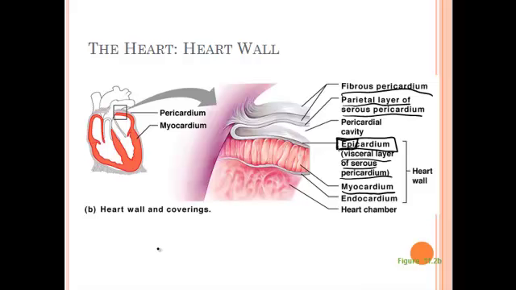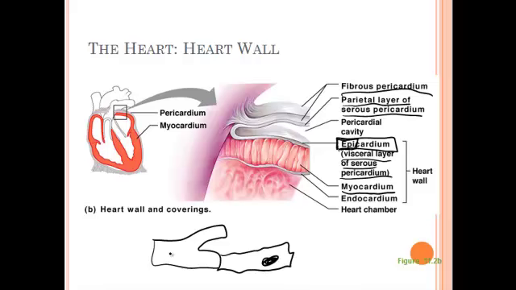So if you have two heart cells here, and remember that they're also branched and come in contact with each other, they may look something like this. Have another heart muscle coming off over here, and we'll just draw it like that. Each one has a single nucleus. This is our intercalated disc.